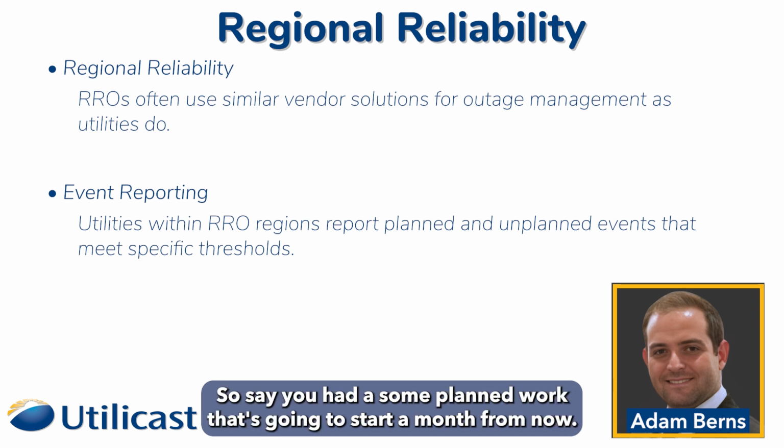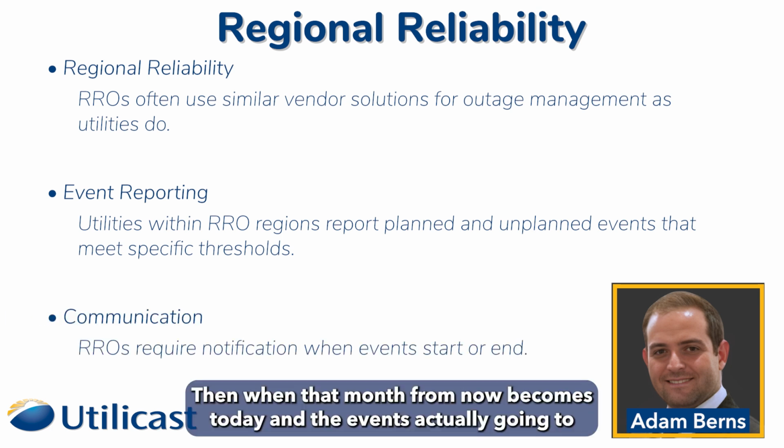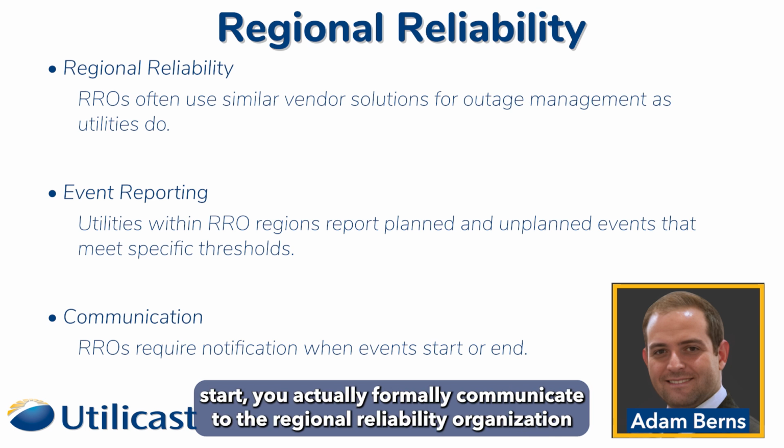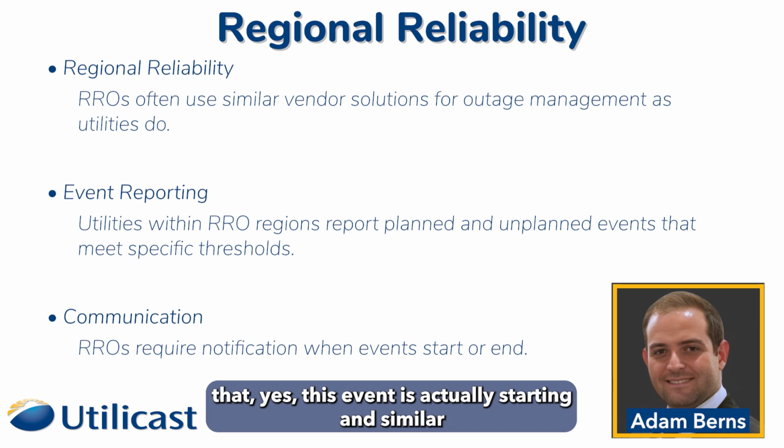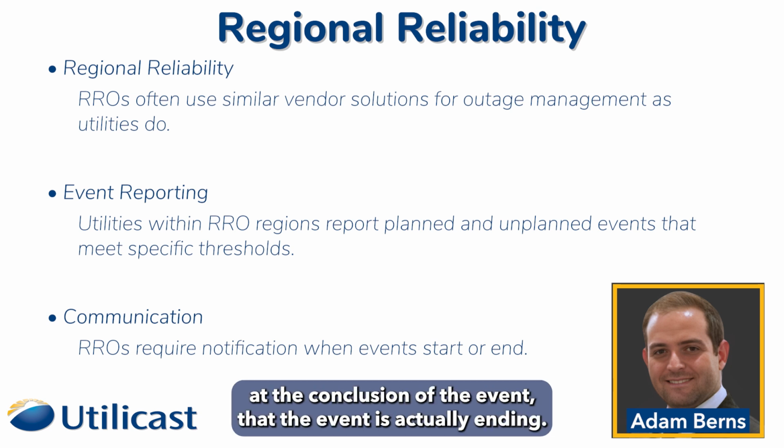So say you had some planned work that's going to start a month from now, then when that month from now becomes today and the event's actually going to start, you formally communicate to the regional reliability organization that yes, this event is actually starting, and similarly at the conclusion of the event, that the event is actually ending.